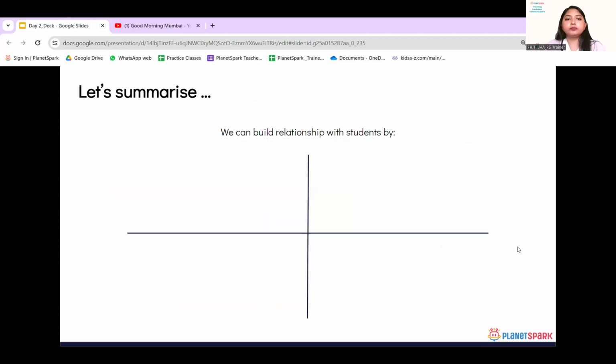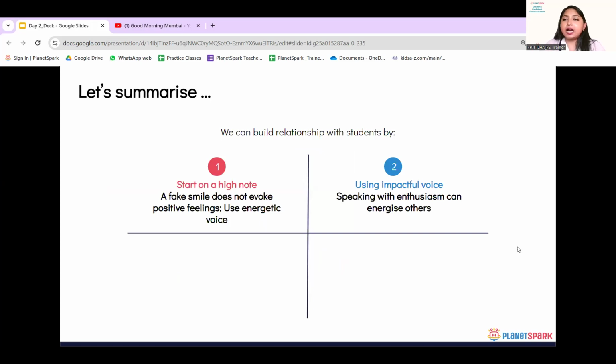Okay. Let's summarize. Start on a high note. Use a genuine smile in your classes. Fake smile is not going to evoke positive feelings. Try to use an energetic voice. Use impactful voice. Speaking with enthusiasm can energize others. Number 3, being curious. Try to be curious about the child. Do not interview.